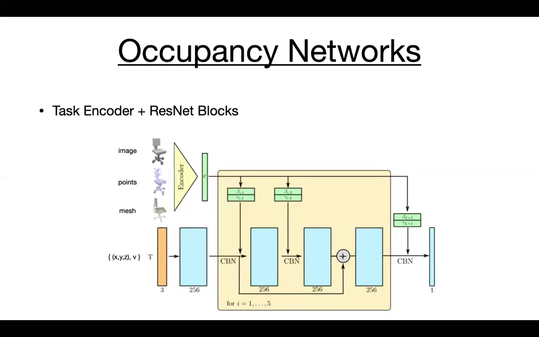You can condition on an image, condition on points, or condition on a mesh. And here you have an encoder that knows how to, from an image or points or mesh, get a code that is going to condition the network.